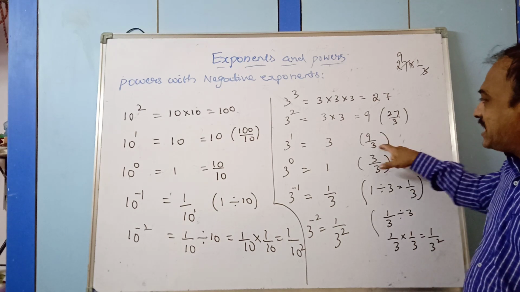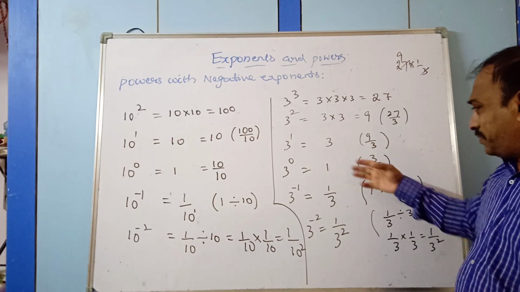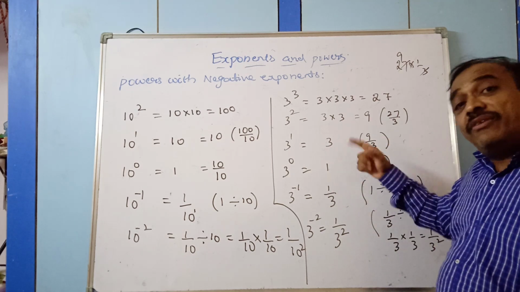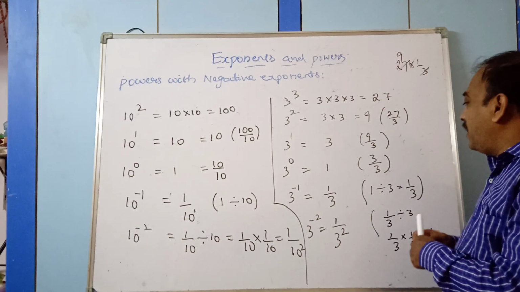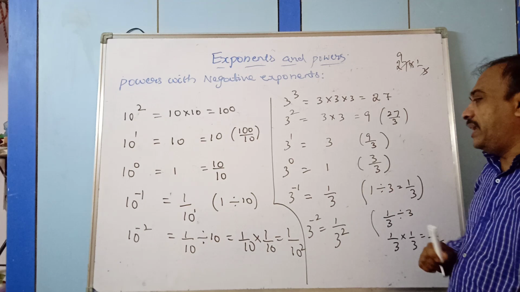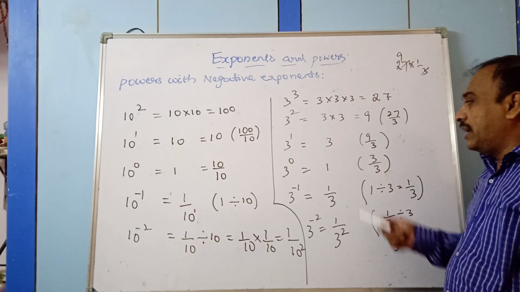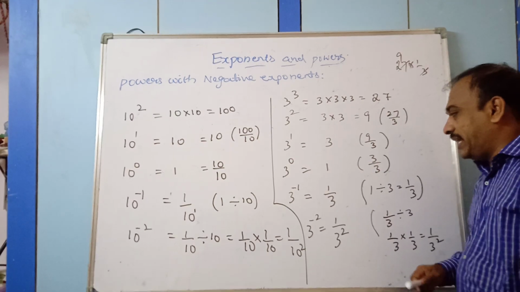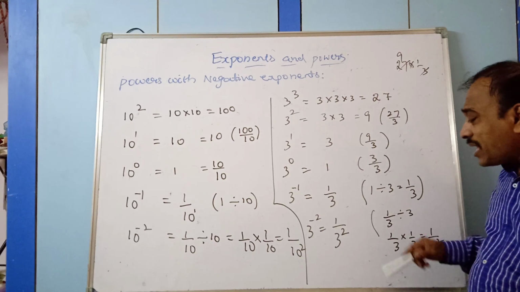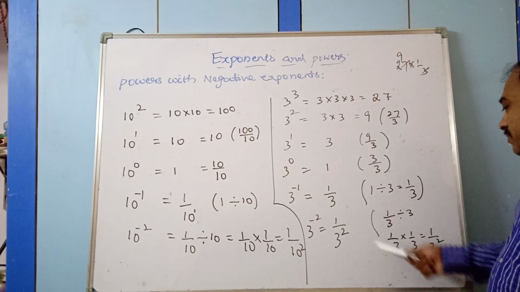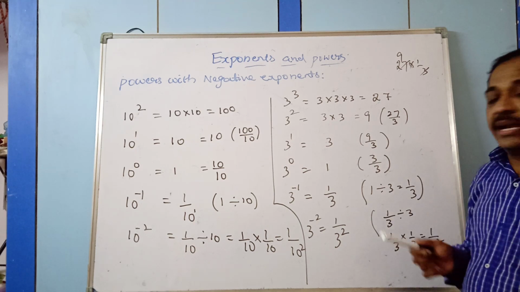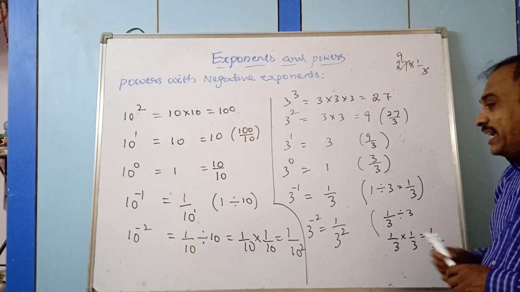One third of 9 is 3. One third of 3 is 1. And one third of 1 is 1 by 3. Now one third of 1 by 3 is 1 by 3 square, which is nothing but 1 by 9.